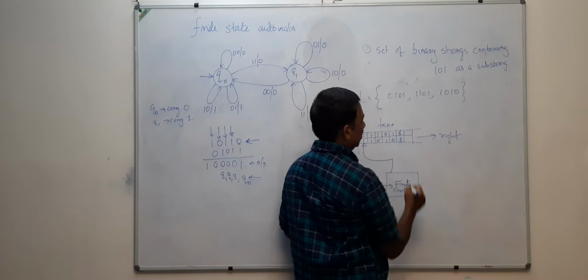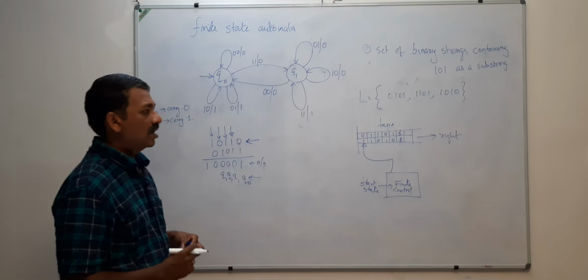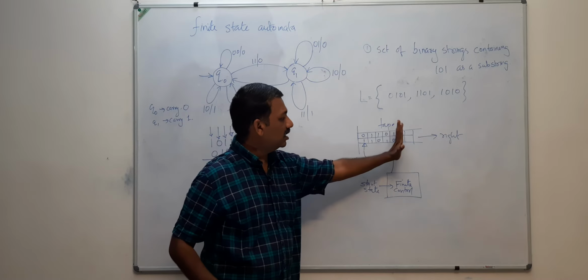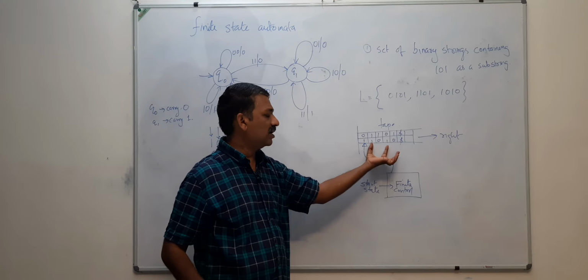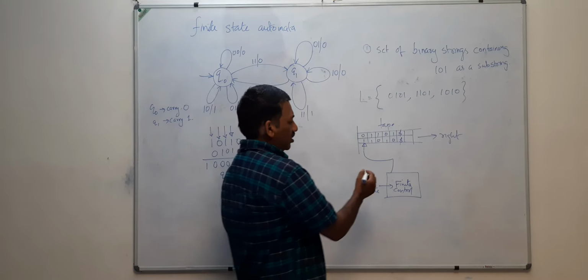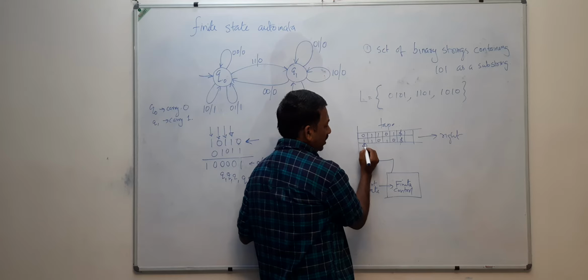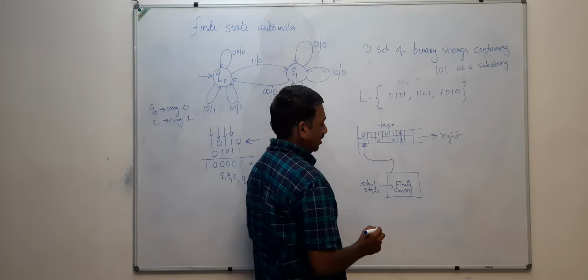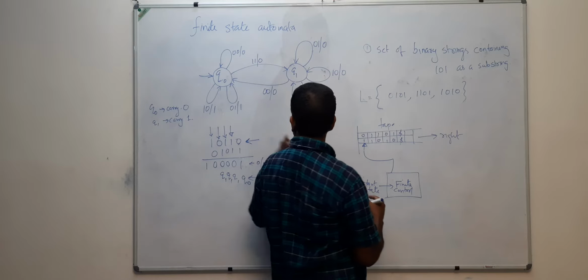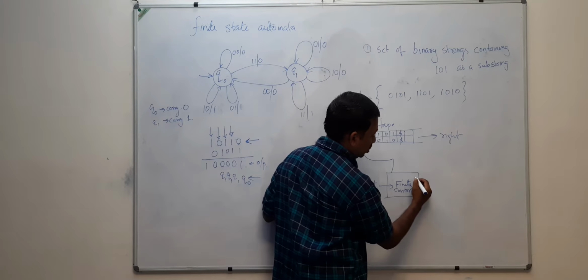This may be the dollar, the right hand marker, and here is the input printed on the tape. Initially the head is pointing to the first cell, and the start state in this case is q0.